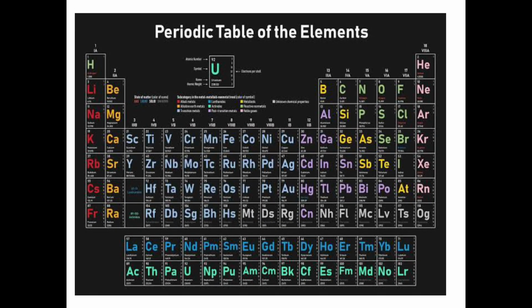Now you see we have total 118 elements in our nature, and some of these are natural, some of these are artificial. And by using the short abbreviation or symbol, we can arrange these 118 elements in a table which is called the periodic table.